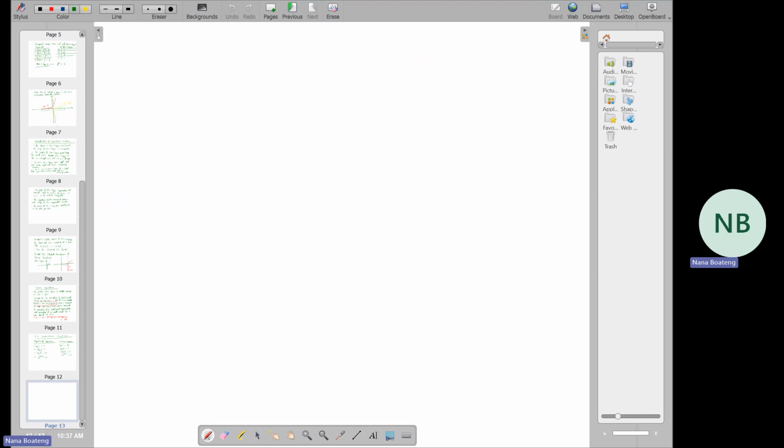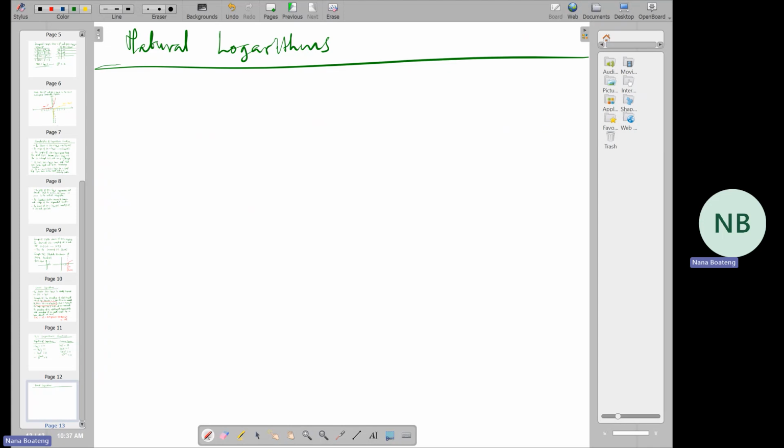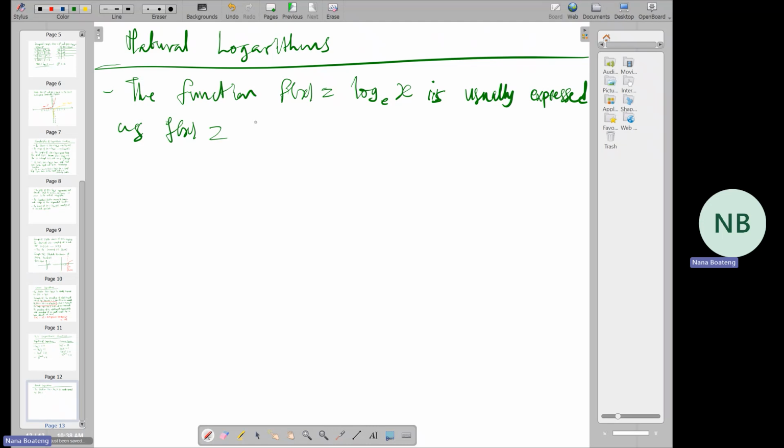The next thing, let's look at some natural logarithms. The function f of x is equal to the log to the base e of x, which is usually expressed as f of x is equal to ln of x.